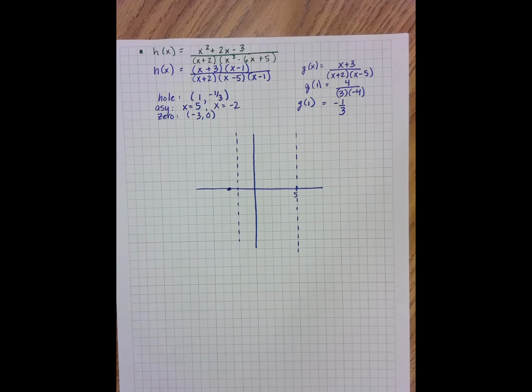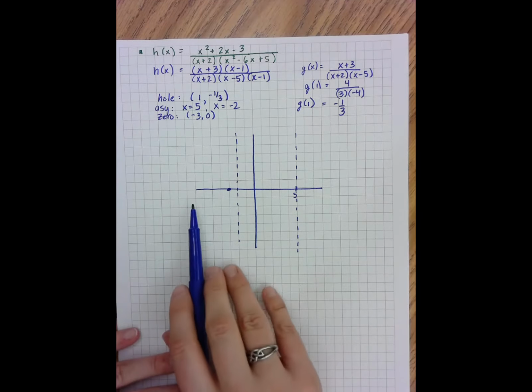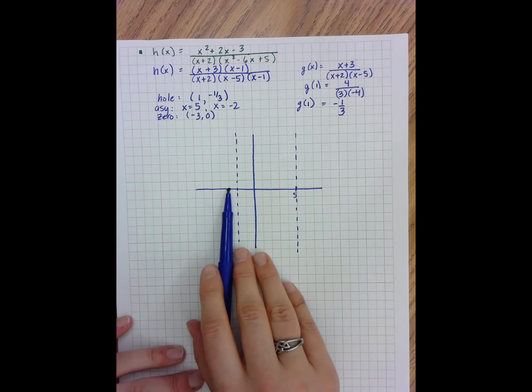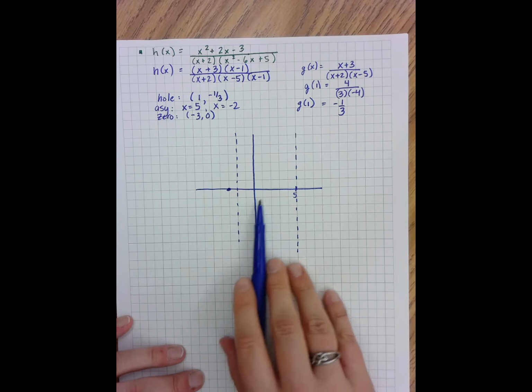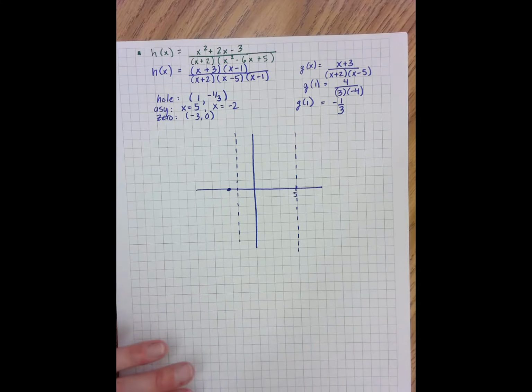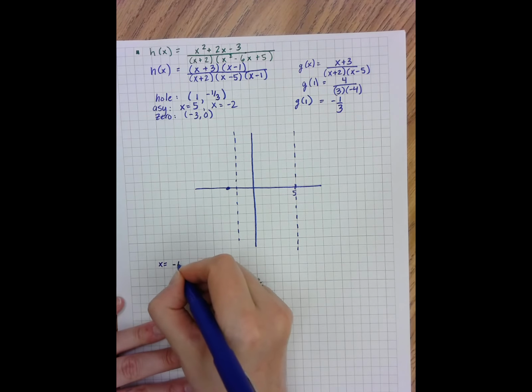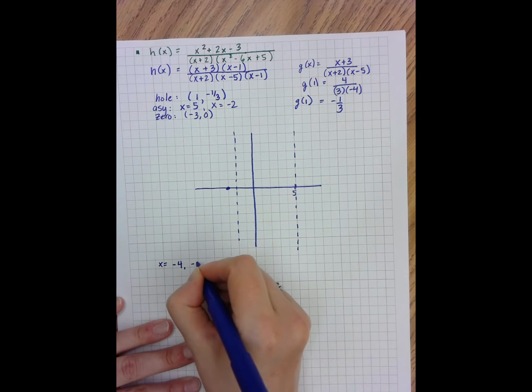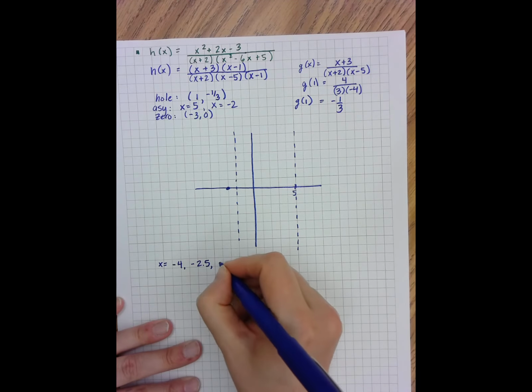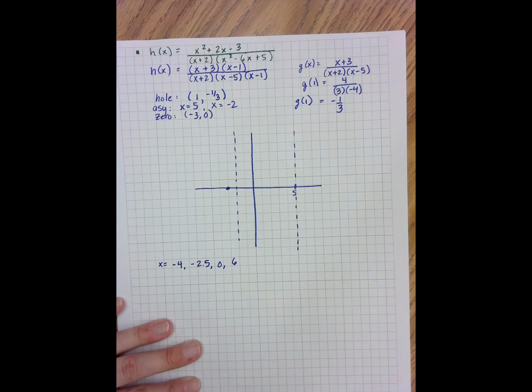So now I need to figure out what is happening between all of these, what's happening over here on this side and in the middle and on this side. So I am going to plug in the numbers -4, -2.5, 0, and 6.